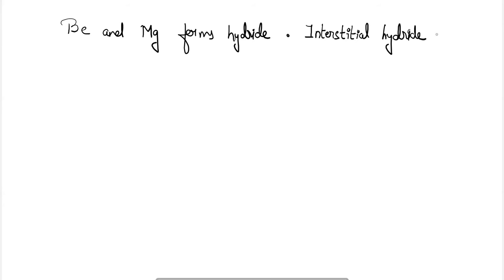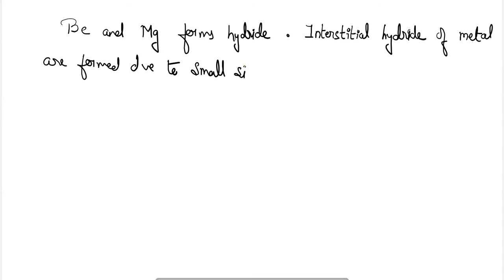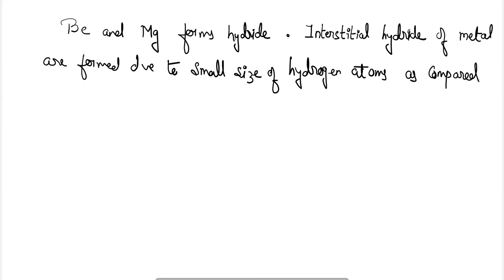This interstitial hydride of metals is formed due to the small size of hydrogen atoms as compared to the metal atoms.